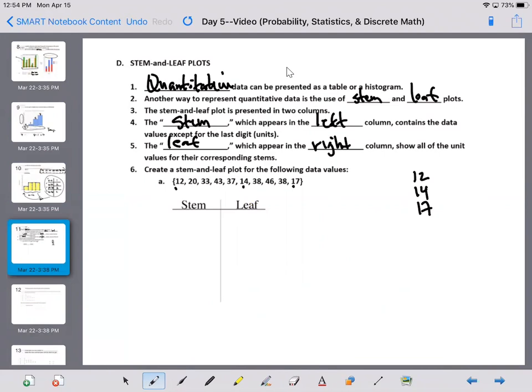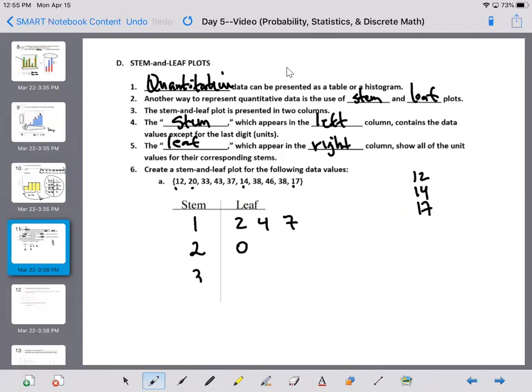So I'm going to put a 1 representing the tens place, but I'm also going to have 2, 4, and 7. So this 2 here represents 12, this 4 represents 14, this 7 represents 17. So if I use a stem in the 20s, so 2 tens, I'm going to see I've got a 20, but that's the only one. So I have to put a 0 here to represent that 20.